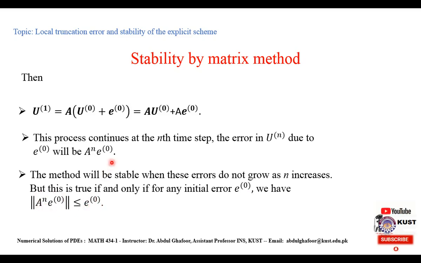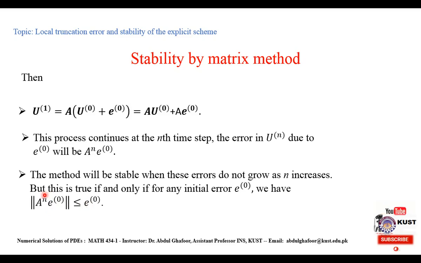Because when we say that this error A E0 is not greater than E0, then the norm of this vector should be less than that of E0. Similarly, when we say that A^n E0 is not greater than E0, this will be true if and only if the norm of A^n E0 is less than or equal to the norm of E0.